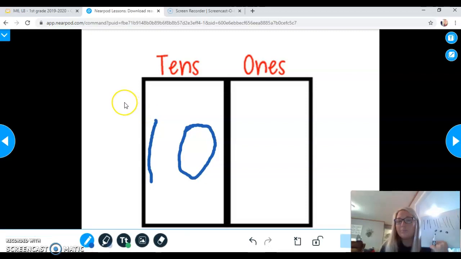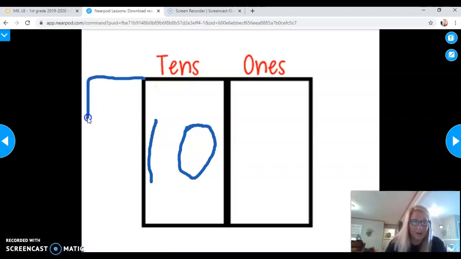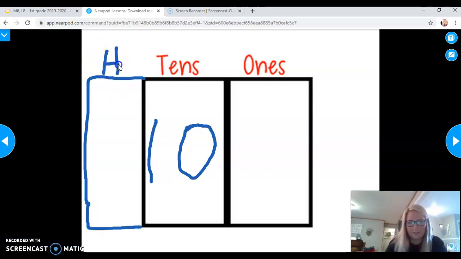This is where some of us might be getting confused because we watched a video and it said only one digit could be in a place value, but this is an exception because we have not learned the hundreds place value. When you get to second grade, there's going to be another box here just like this, and it's going to spell out hundreds.